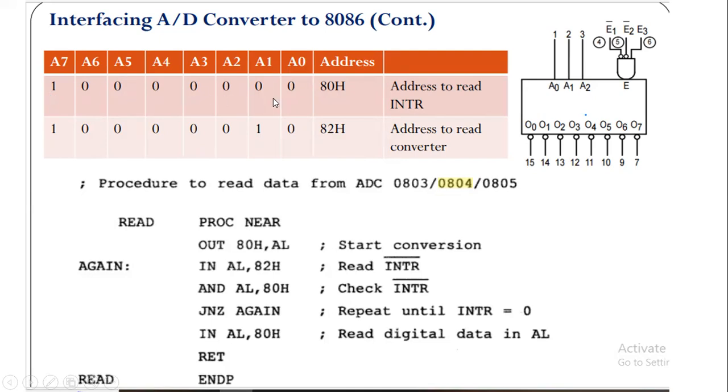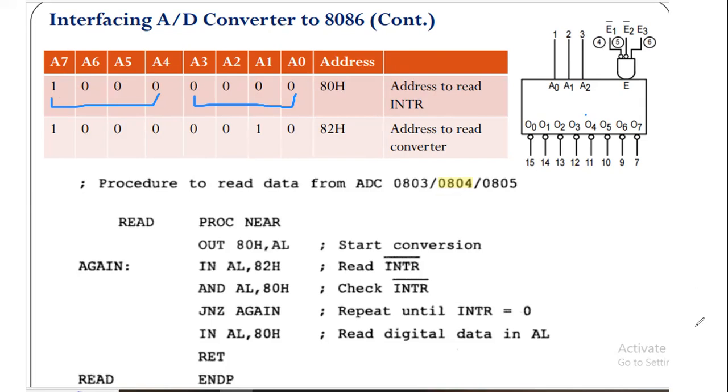So 1, 0, 0, 0, 0, up to 0. So this is the binary form, and we have converted this binary number to hexadecimal. So we have grouped these 4 bits. So this is 0 and this is 8. So 80H. This is the address to read the INTR signal.